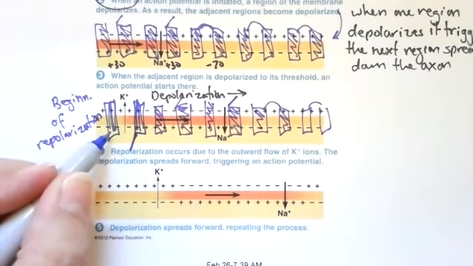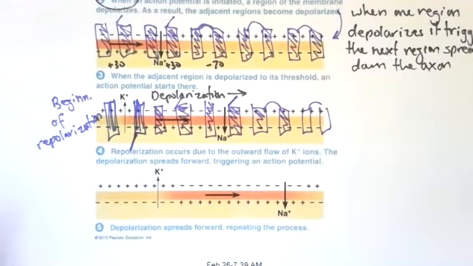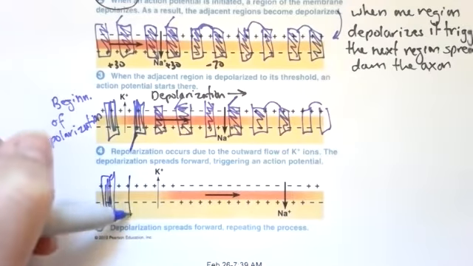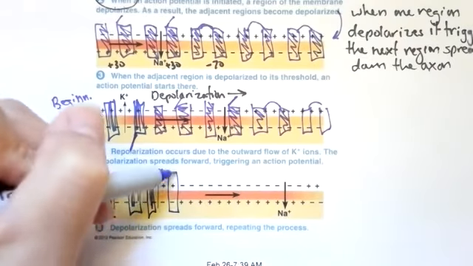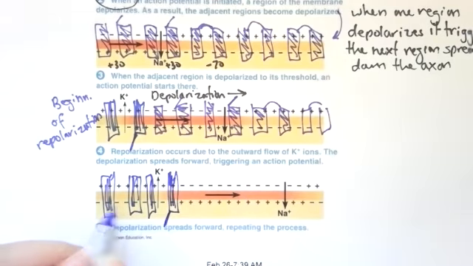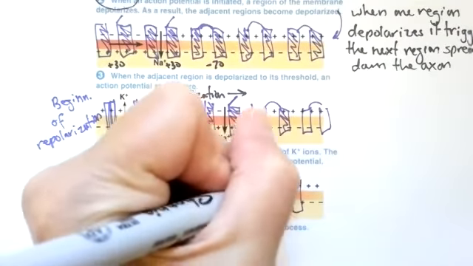When the membrane begins to repolarize, remember, blue are my potassium channels. This is going to trigger the next potassium channel. So this one is going to trigger this one. And you'll notice that down here, let's put in my proteins.